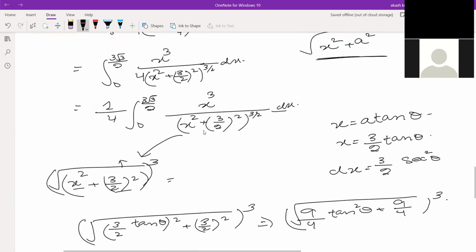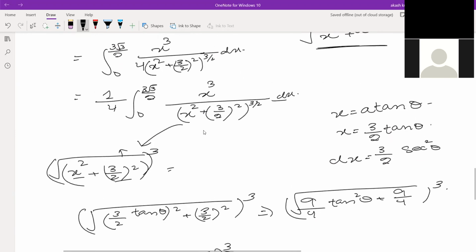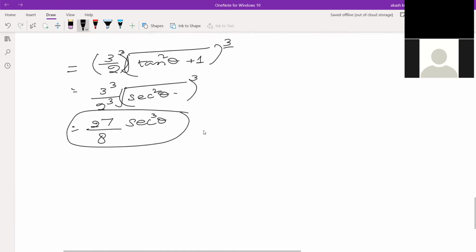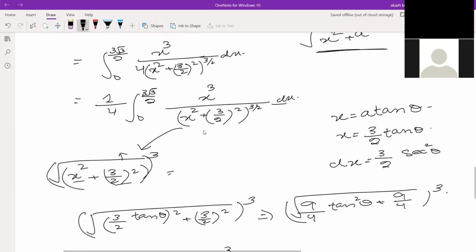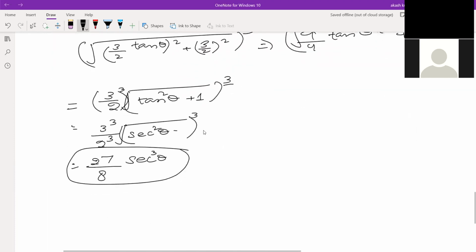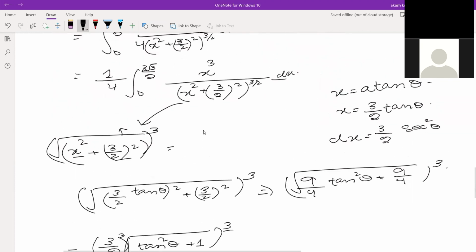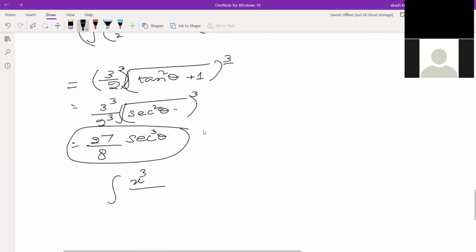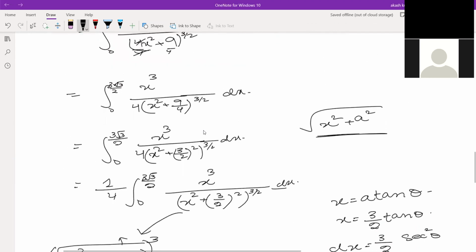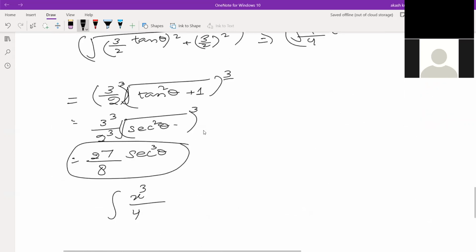Now our original equation is x cube over 4 x square plus 9.